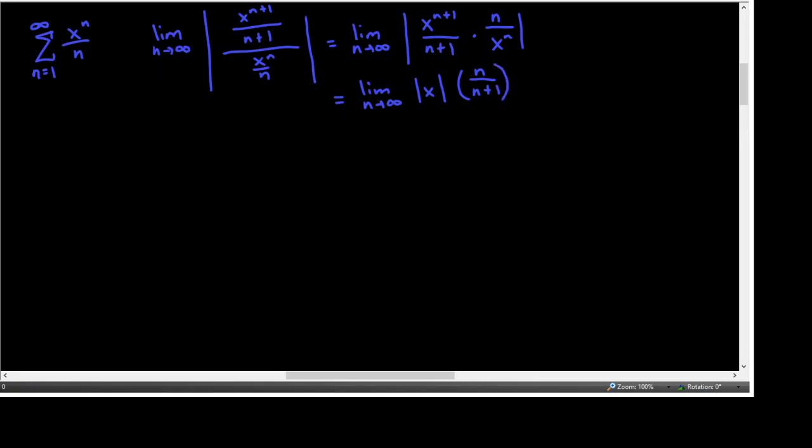So that's never negative at any rate. And so, as we've seen before, the limit of the absolute value of x is going to be absolute value of x because it's a constant as far as the limit is concerned. And as n goes to infinity, n over n plus 1 goes to 1. And so that limit ends up being absolute value of x.